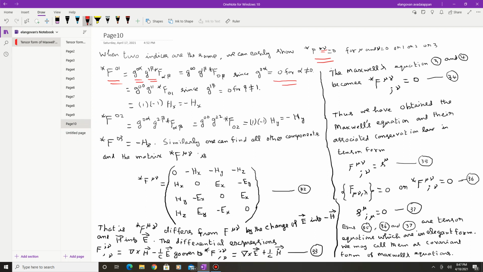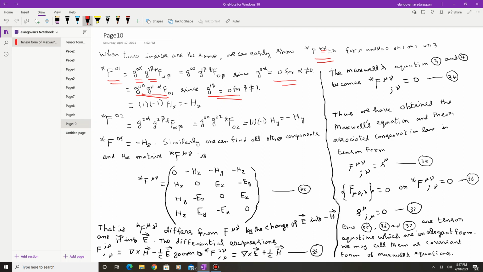If it is different from 1, this will be 0. So you are writing only the non-vanishing terms. All the other terms are 0, because all the G i alpha beta, where alpha is different from beta, are 0.